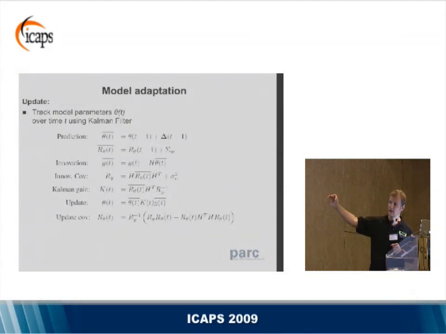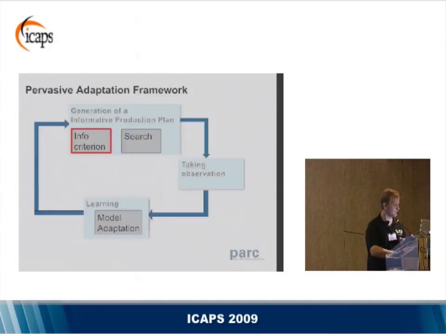Then we account for the observation which we actually got, do the update, and iteratively learn and estimate the parameters in the right way. What's also nice about the Kalman filter is that it not only updates your model, but also gives you a covariance matrix, which gives you some confidence about how well you are doing. We use this covariance matrix later on.